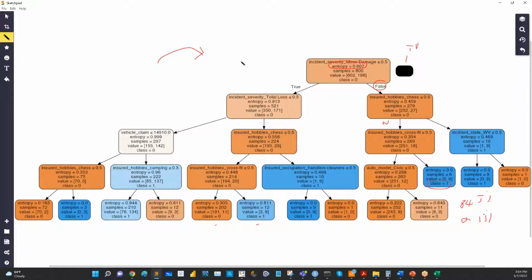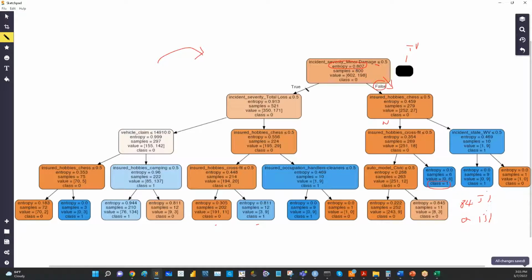Is the incident minor? Yes or no? Oh, this particular one? Okay. So it's not minor, it's major. So it's greater than. It's false. Okay, it's false. So we go in this direction, right? I thought it would go the other way. No, it says here it is less than or equal. Oh, I see. Okay, got it.